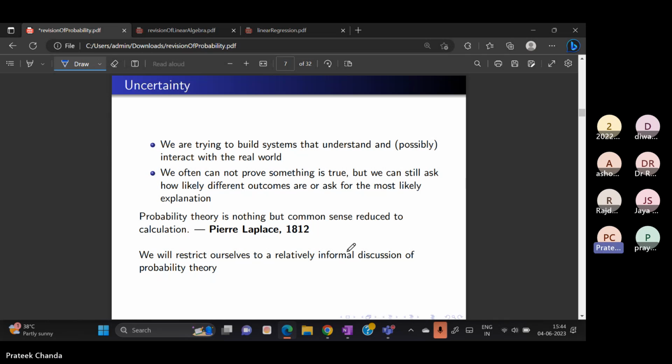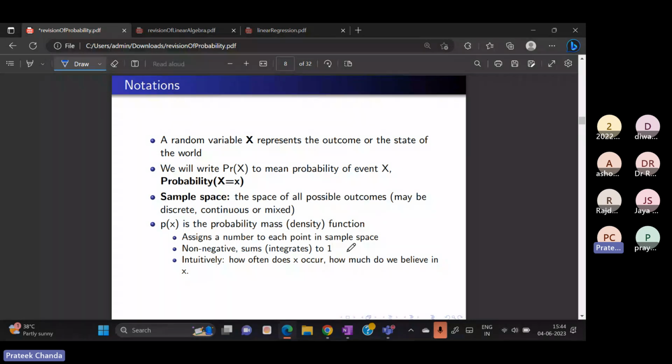I'll go through a brief of the notations because we will be using them very heavily in the rest of the course, in proofs and so on. A random variable we denote as a capital X, and it can take values like A, B, C, and the small x denotes these values. That means the probability that the random variable capital X takes a value equal to A, B, or x.